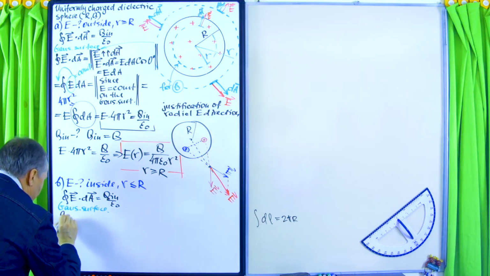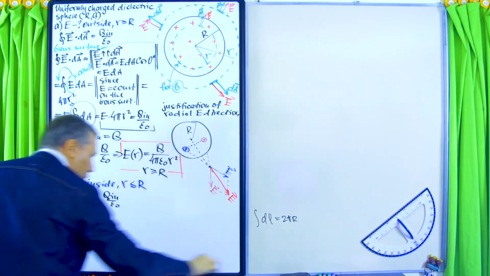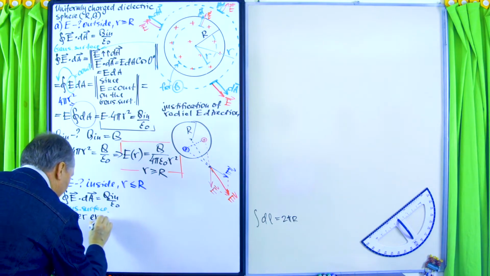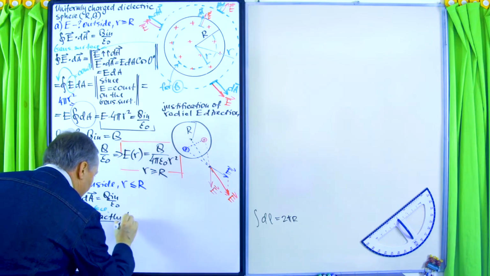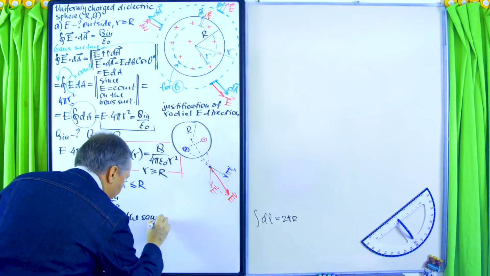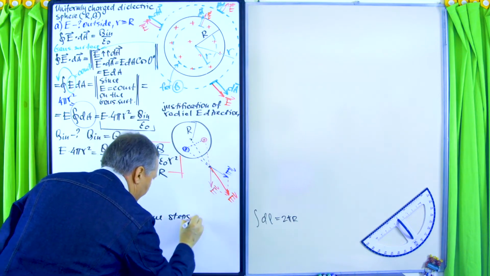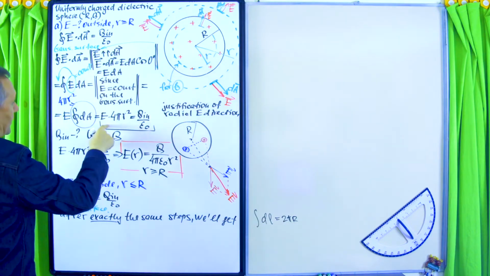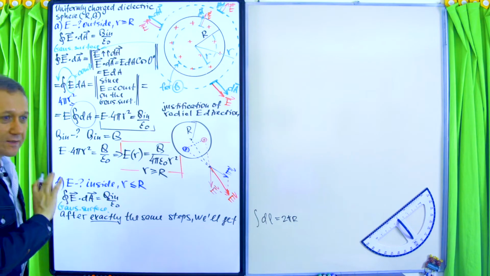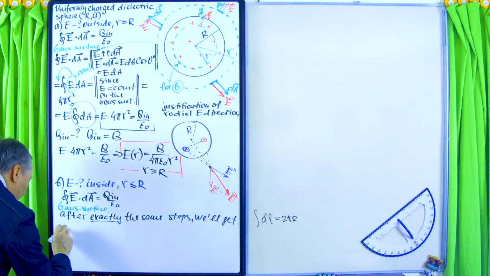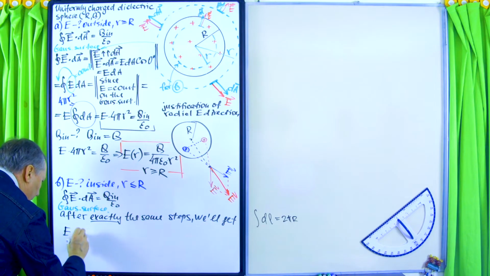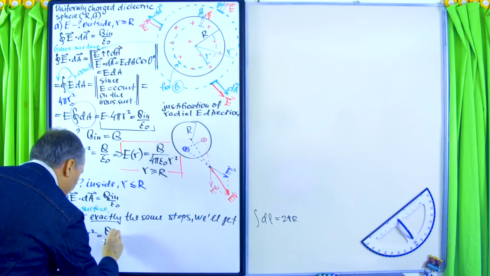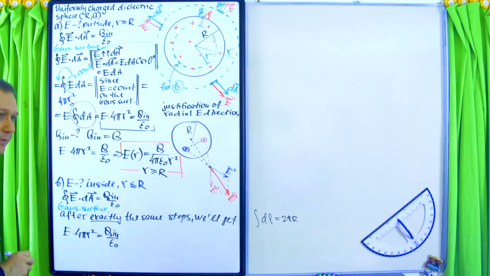After exactly the same steps, we'll get, I will just write this part which is underlined: E times 4 pi r squared equals Q enclosed over epsilon naught.